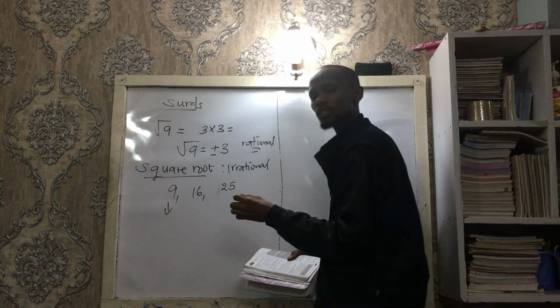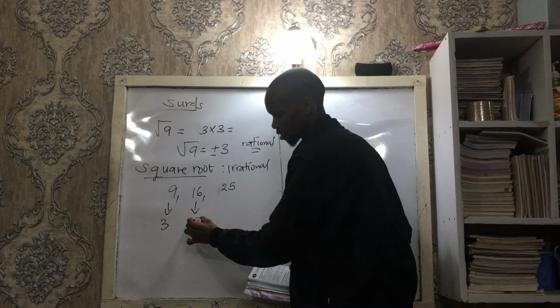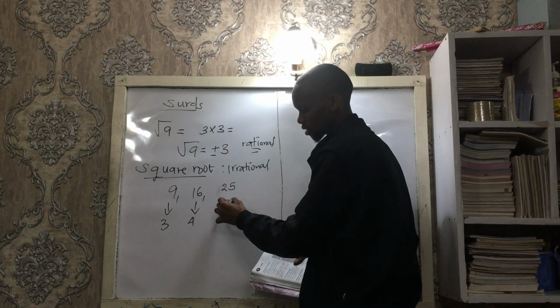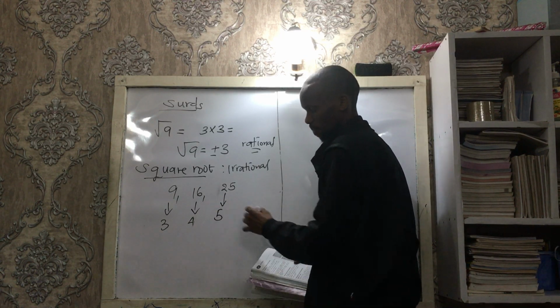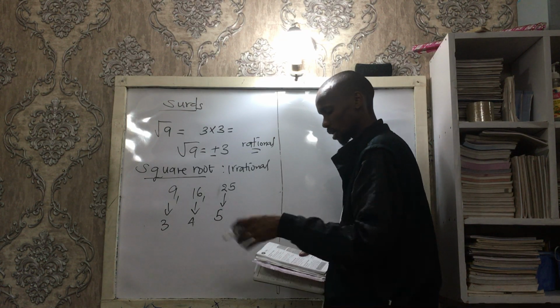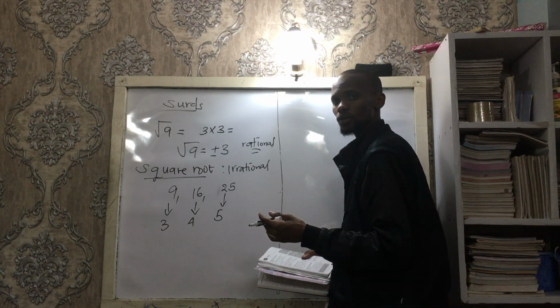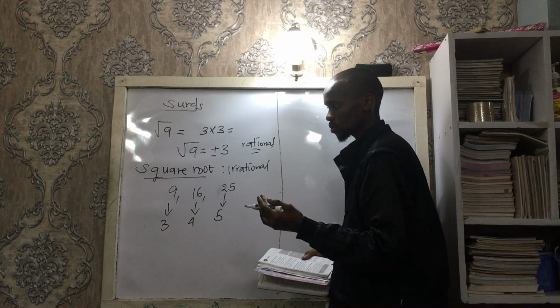The square root of 9 is 3, and for 16 it is 4, for 25 it is 5. Then we have 36 and 49. But we have some numbers that don't have an exact square root, so we need to work with them.